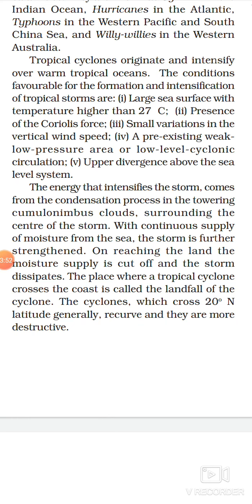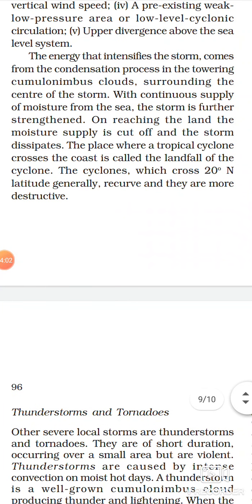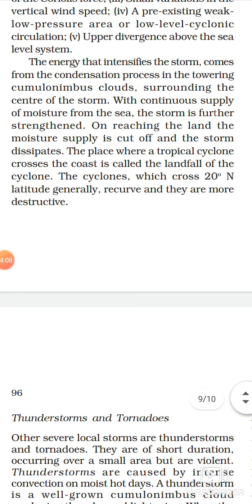A pre-existing weak low pressure area. A low pressure area is a must for the creation of tropical cyclones. We had studied this before also. And low level cyclonic circulation, this is a must. And upper divergence over the sea level system.